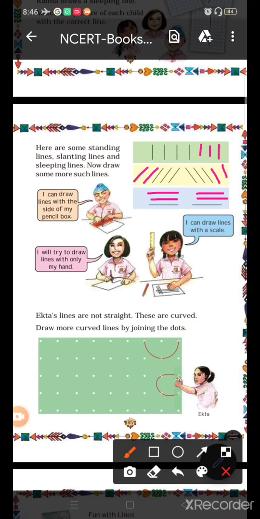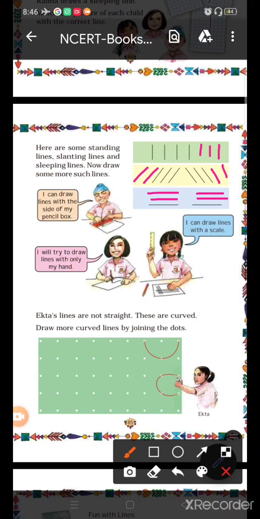Okay, Raima said, I will try to draw lines with only my hand. She can draw lines with her hand. And Raima said, I can draw lines with a scale. She used a scale. Okay, you can use a scale or you can use the side of your pencil box.